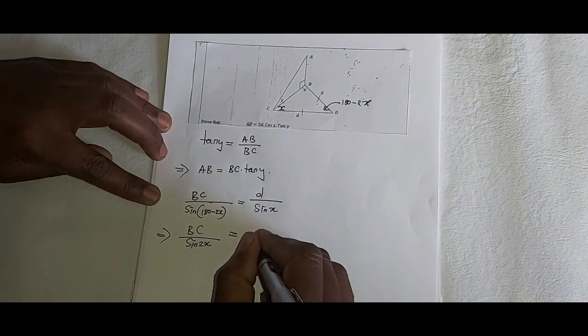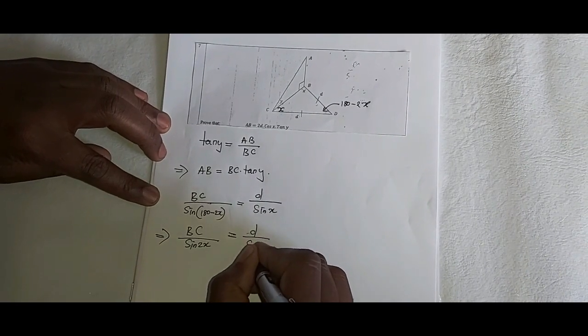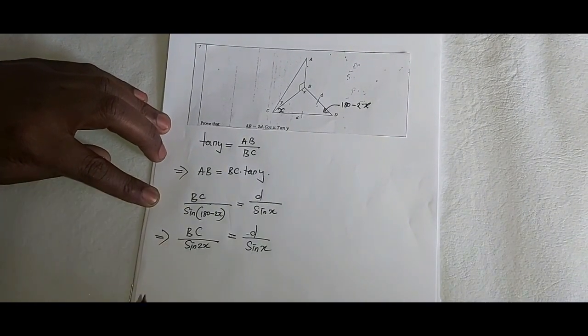BC over sine 2x is equal to D over sine of x.